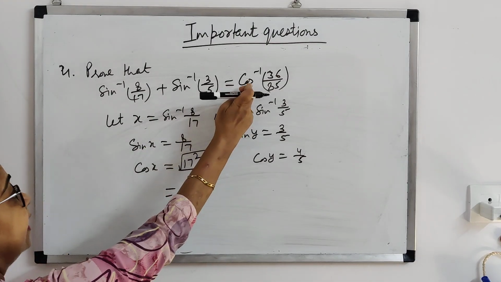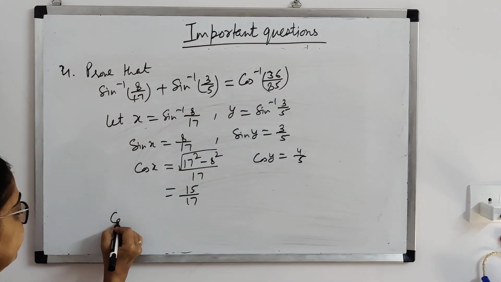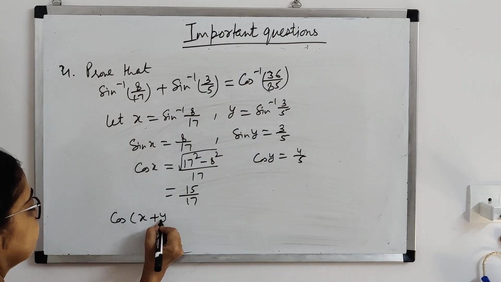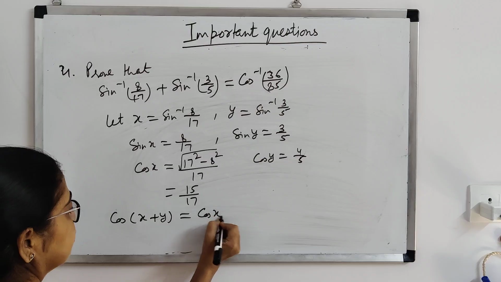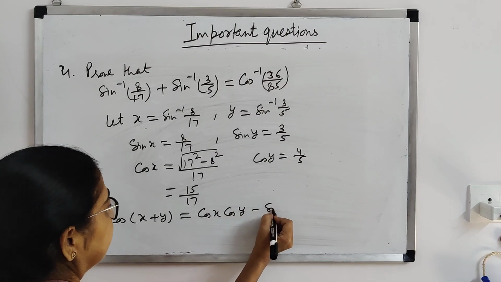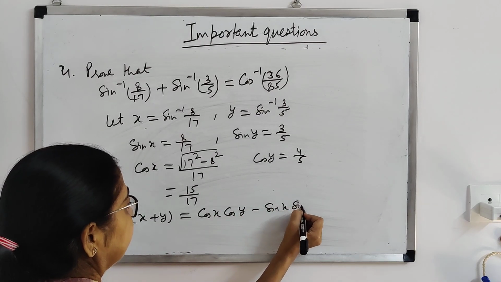Now on this side I need cos inverse. So I use the formula of cos of x plus y, which is cos x cos y minus sin x sin y.